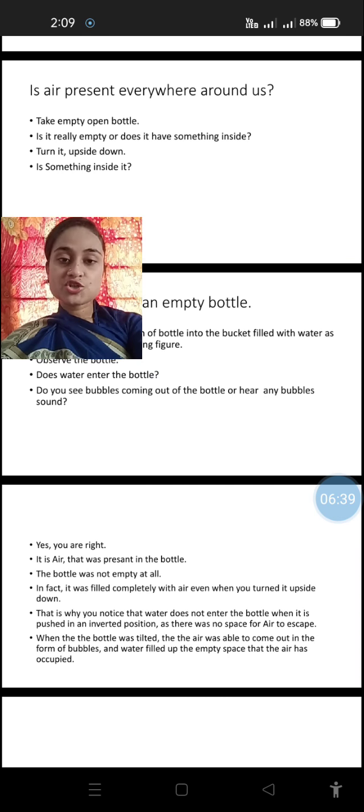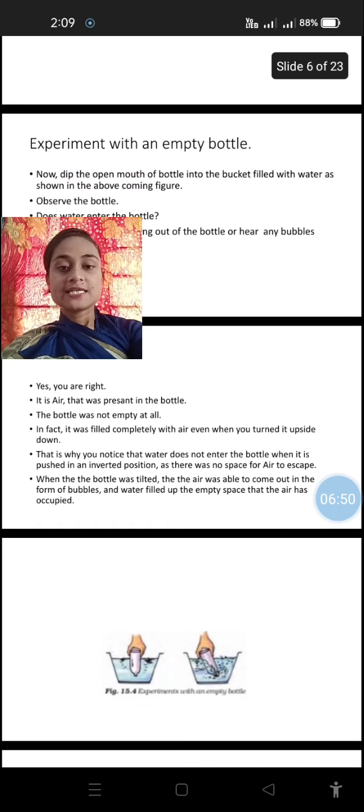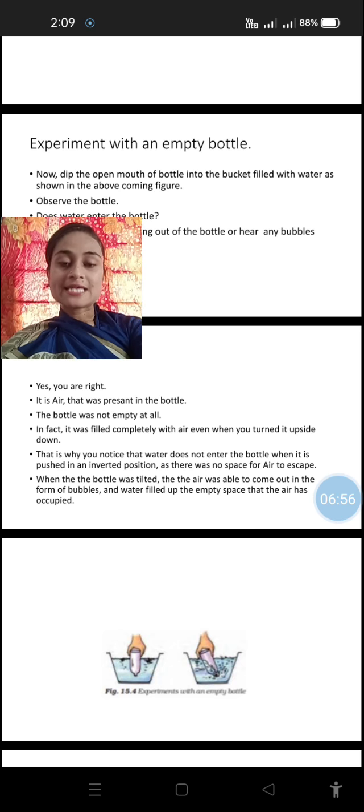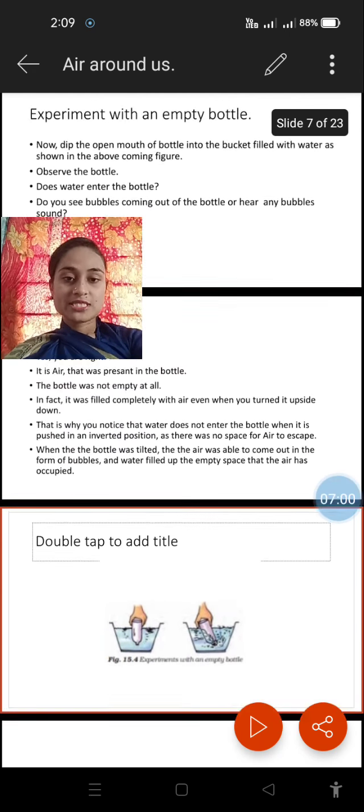Also, if we try to hear some sounds, we will hear them clearly. So the next point is, yes, you are right. Obviously we are right. Why? It is air that was present in the bottle, as I said with the help of these bottle PPTs.